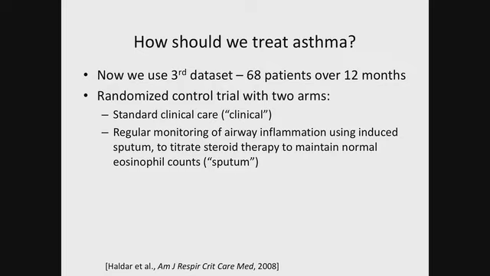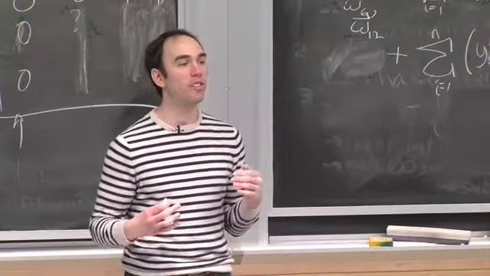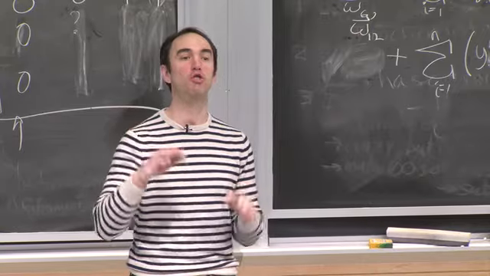And so there are going to be 2 arms here. What's called the clinical arm, which is the standard clinical care, and what's called the sputum arm, which consists of doing regular monitoring of the airway inflammation, and then titrating steroid therapy in order to maintain normal eosinophil counts. And so this is comparing 2 different treatment strategies.